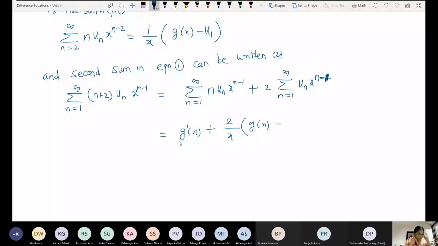If I am dividing un x raised to n by x, I am getting x raised to n minus 1. g of x is summation n is equal to 0 to infinity un x raised to n, so minus u0 it will start from n is equal to 1 to infinity un x raised to n, divided by x, and 2 times I am multiplying. So here 2. Is that okay?